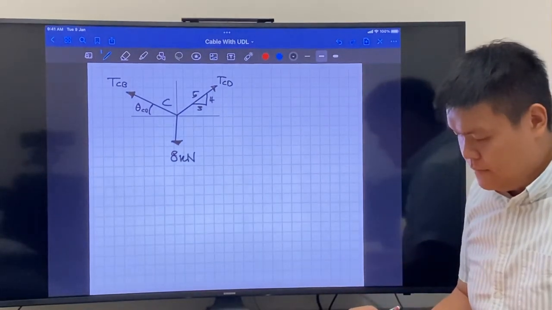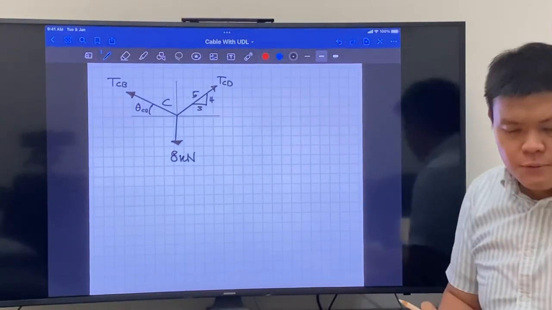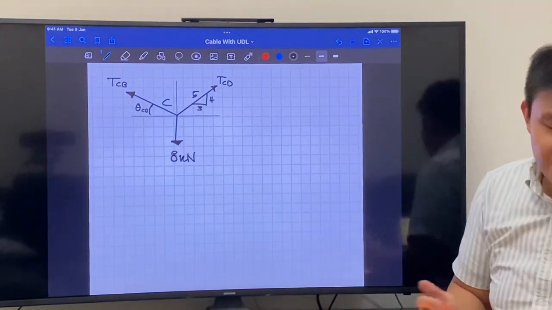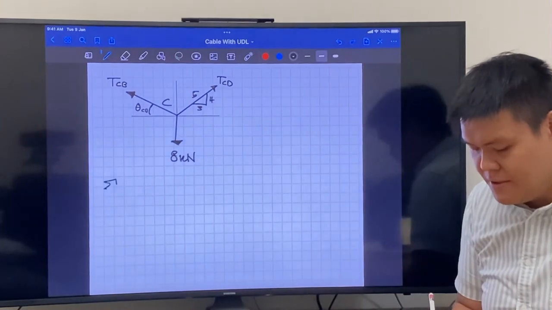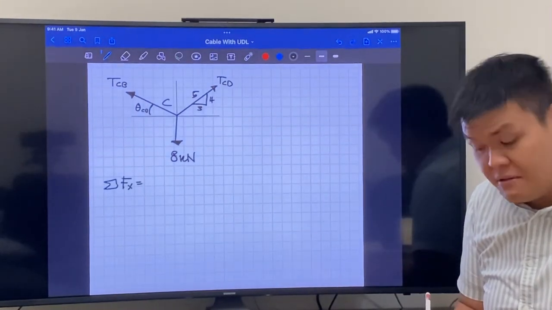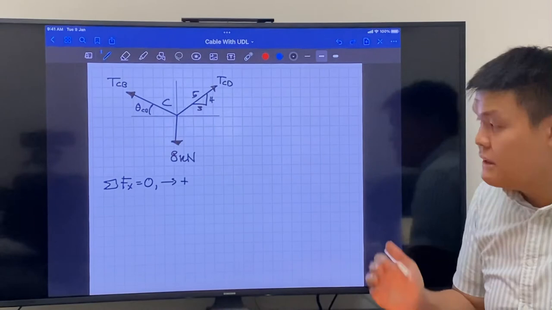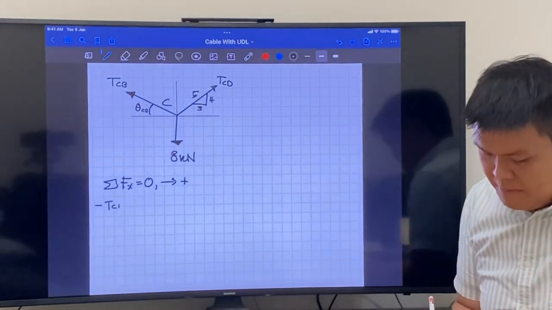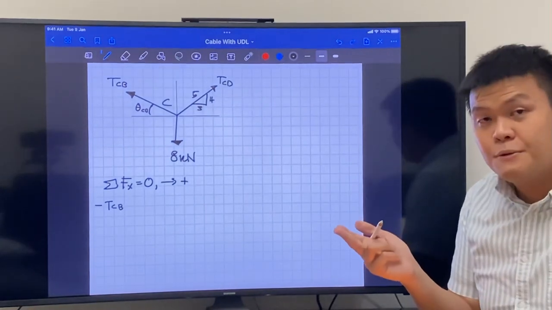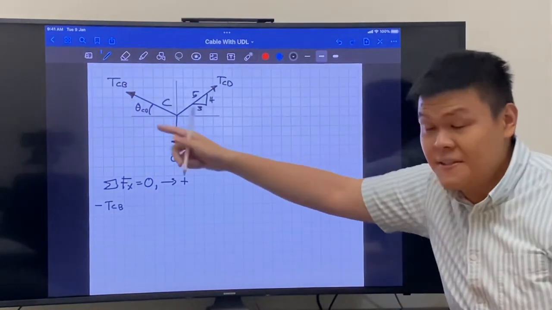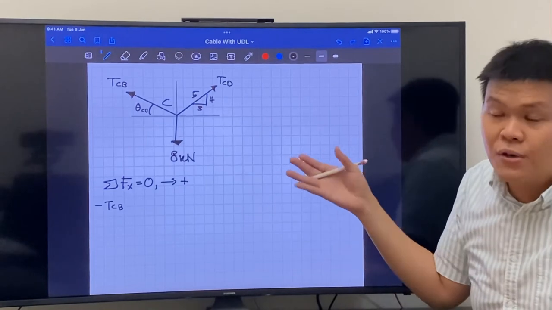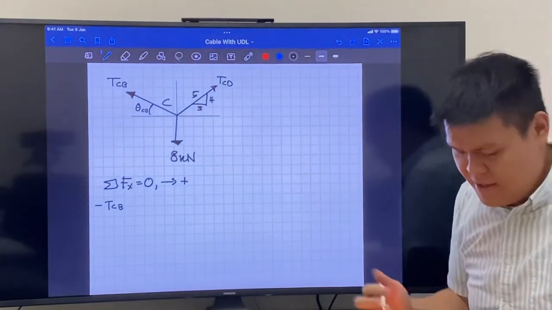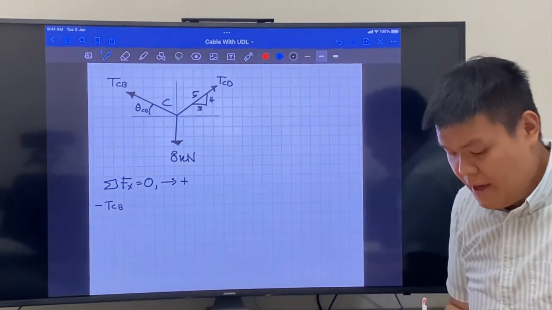From here, what we'll do is resolve the forces in their respective directions. So the sum of forces in the x direction is 0, where right is positive. Now, minus TCB, in this case, we need to use the angle theta because we don't have the ratio of the triangle. So we need to use the angle right there.